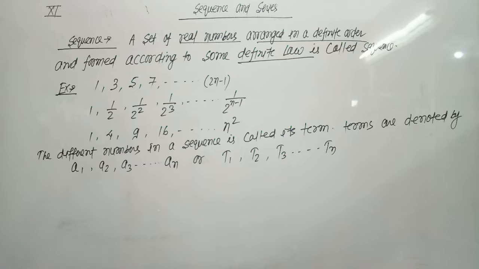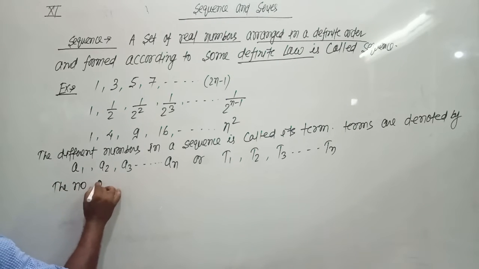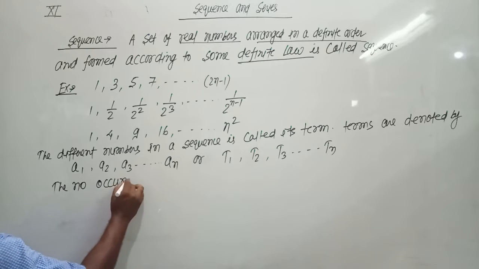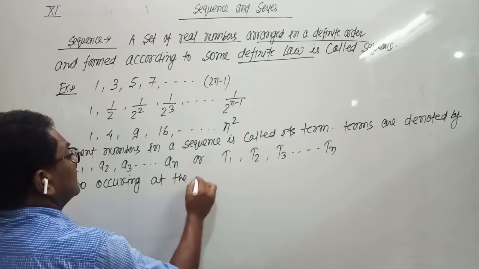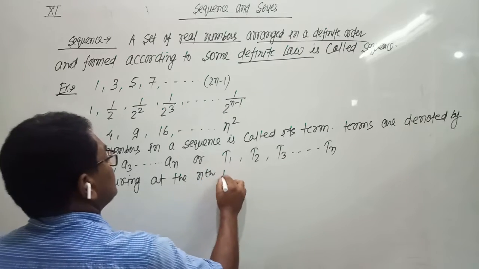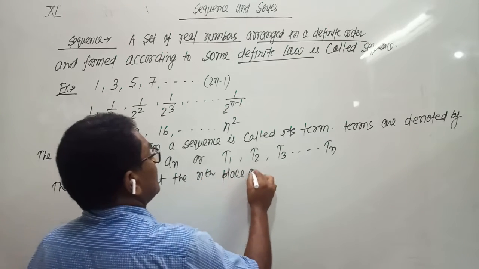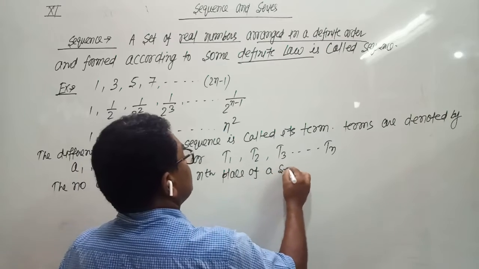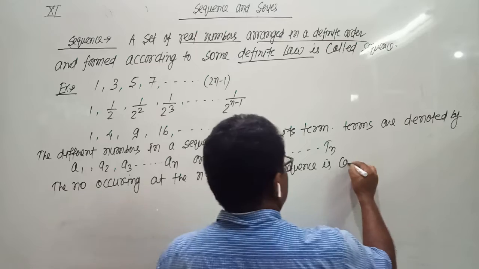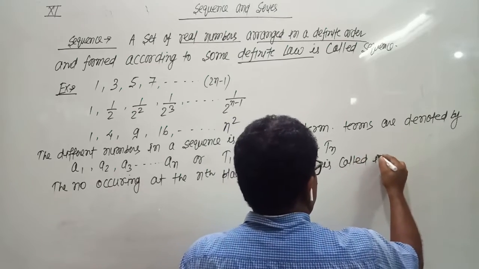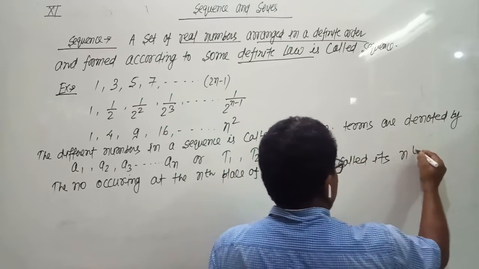The number occurring at the nth place of a sequence is called its nth term.